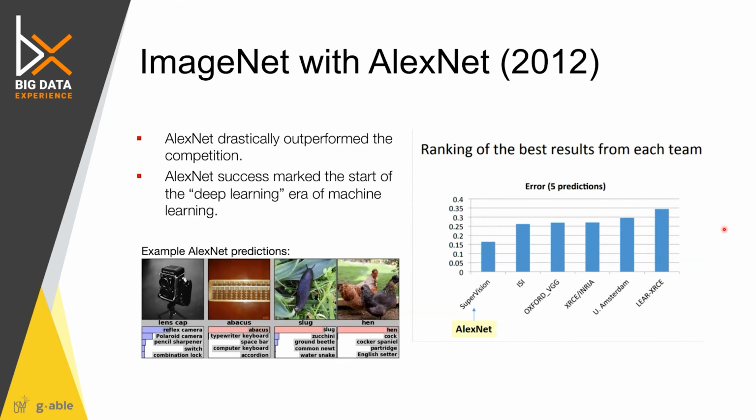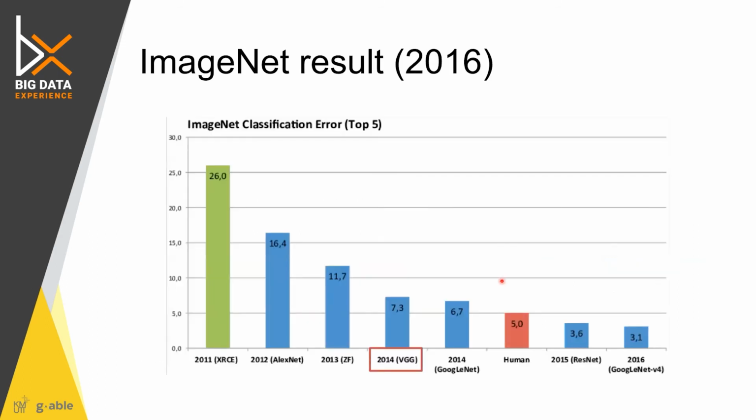It had the lowest error back then. This is the results of ImageNet over the years. Since 2012 till now, we have GoogleNet and ResNet, which have already surpassed human classification.